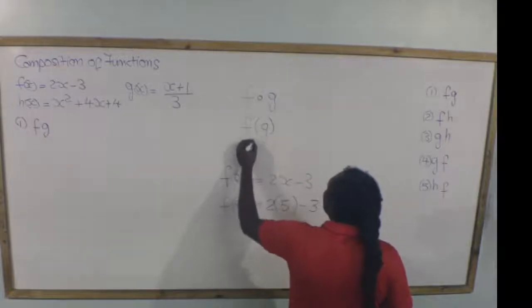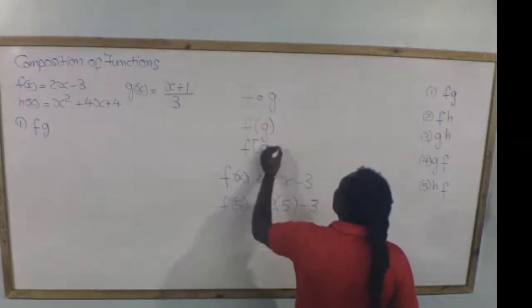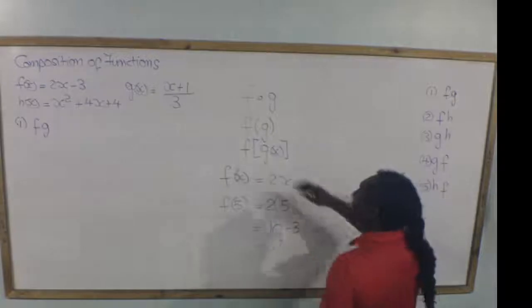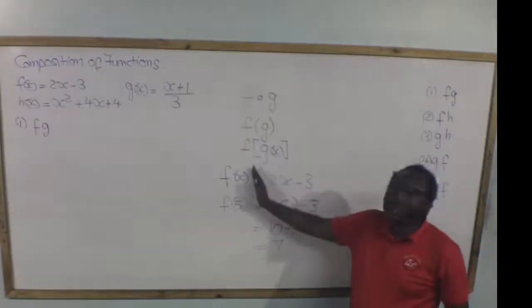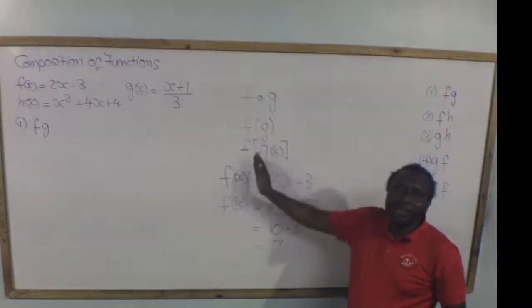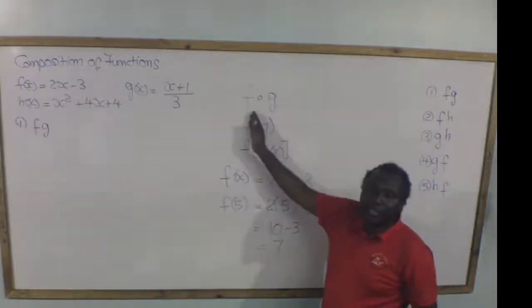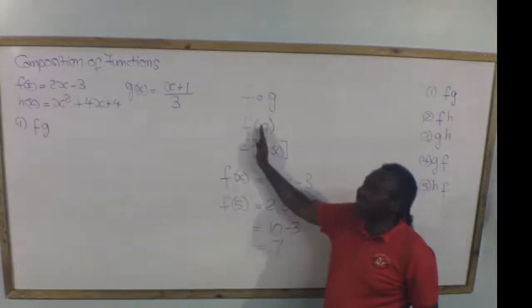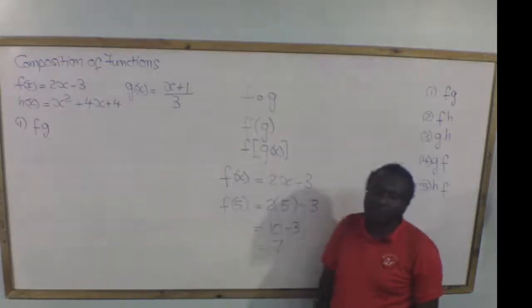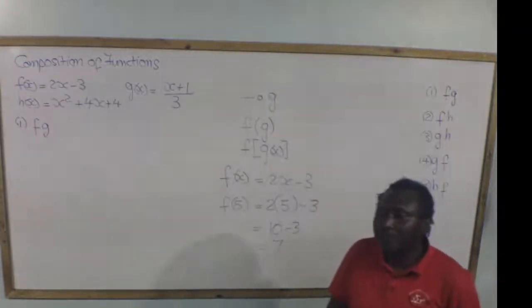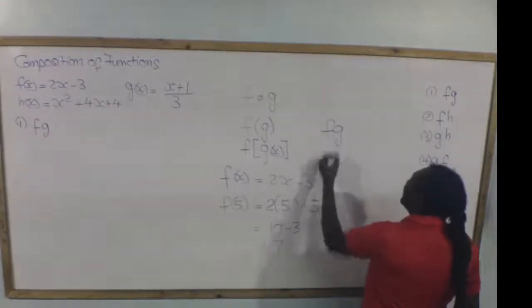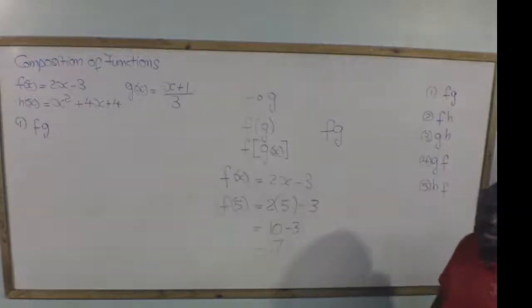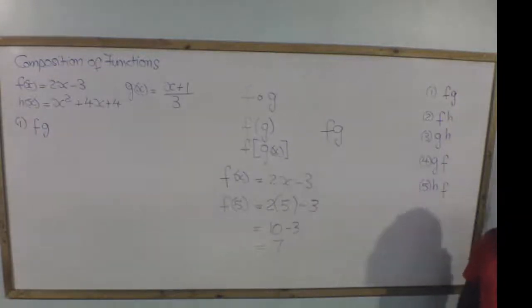Sometimes the x is given, so f is operating on g of x. So we have f of g of x. All of these mean the same thing: f is operating on g. And the simplest form that we have is just f of g. Some students say fg. It's not fg, it is f of g.